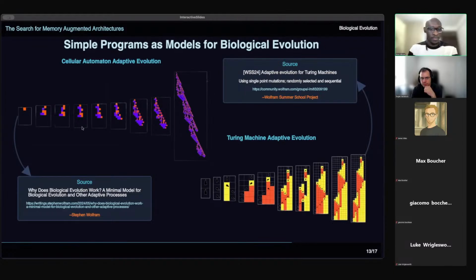Stephen Wolfram has done some work on this using cellular automata on adaptive evolution, where you change what we call the genotype of the system, or the rules of the system, with a random point mutation. So you change a specific random point in the rules and see how the system evolves and how many steps it evolves to.